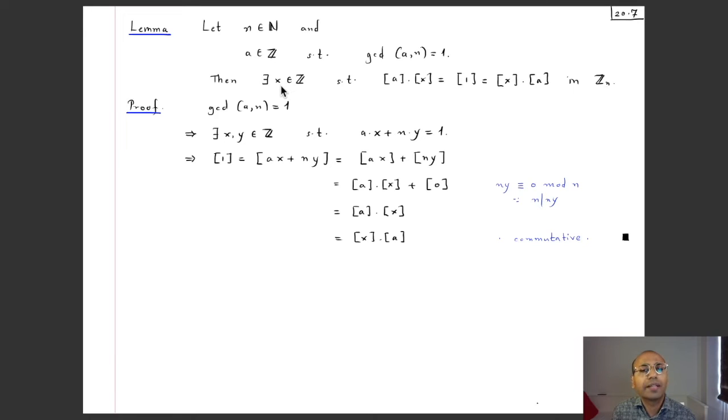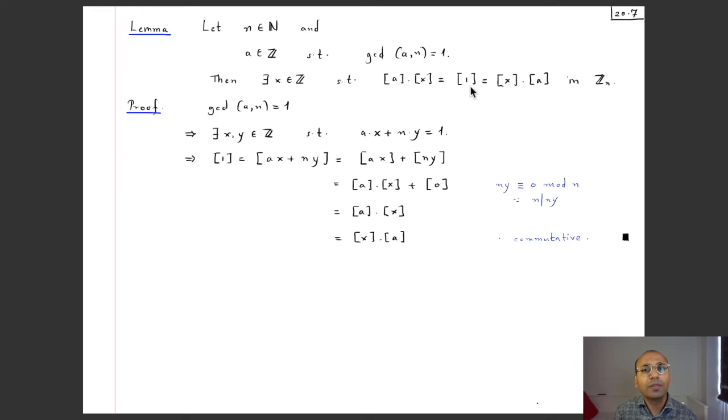So in other words, there exists an integer x such that the equivalence class containing x multiplied with the equivalence class containing a is equal to the identity element with respect to multiplication mod n, so it is equal to the equivalence class containing 1, and since multiplication modulo n is commutative, the product of these two in the other order is also equal to the identity element.